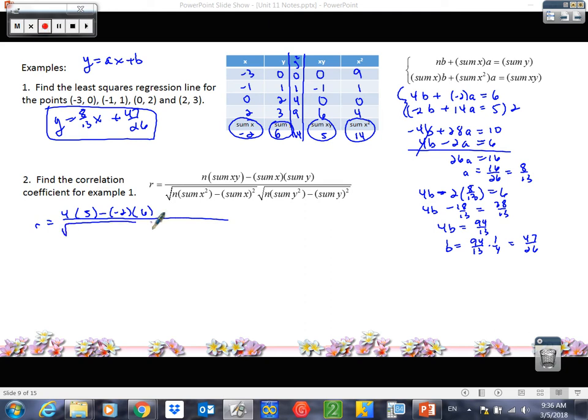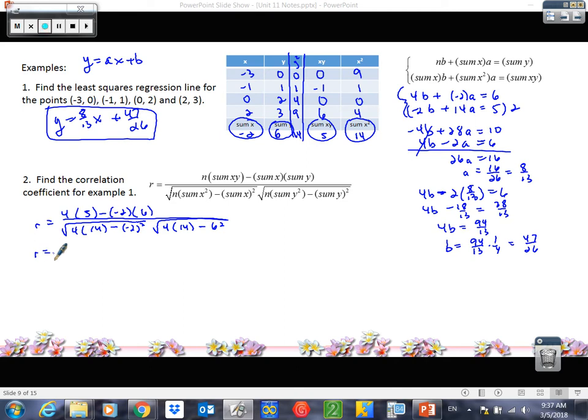So our first radical is n, which is 4, times sum x squared, which is 14, minus sum x squared. And then the other radical is n, 4, times sum y squared, which is 14, minus sum y, which is 6 squared. Aren't you glad we don't have to memorize these formulas? Yes. So that, of course, is the formula that's required for you to show.